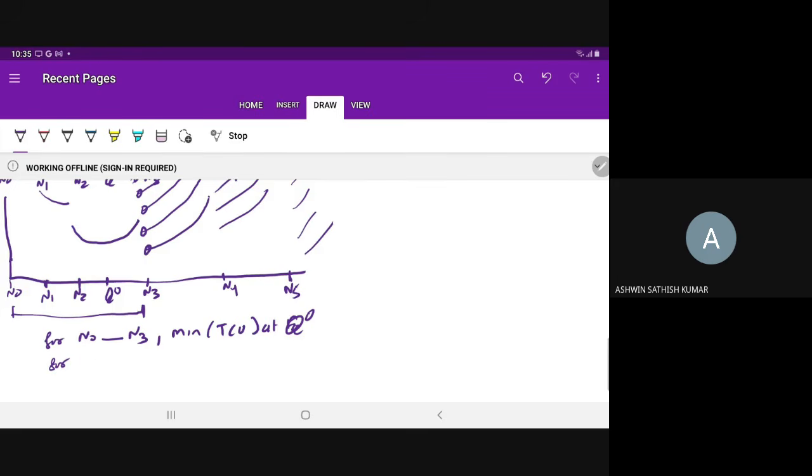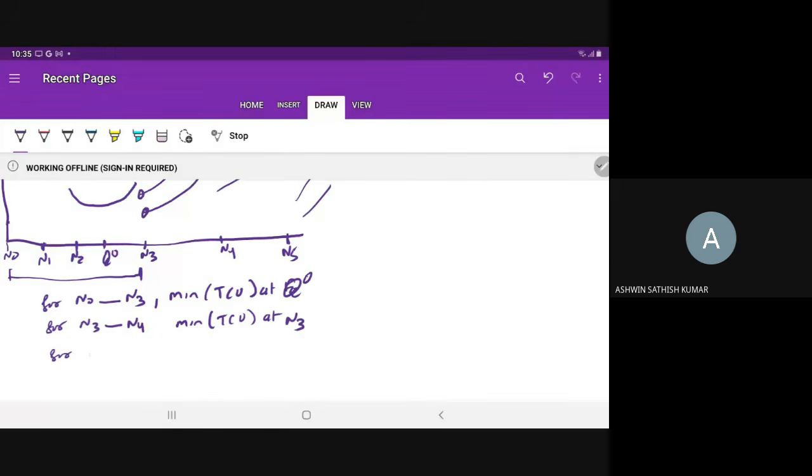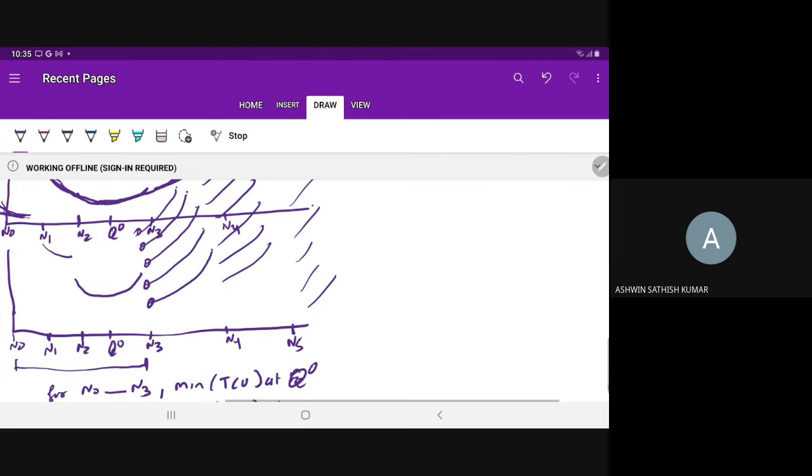For the period N3 to N4, we have the minimum TCU at N3. Then for the period N4 to N5, minimum TCU at N4.